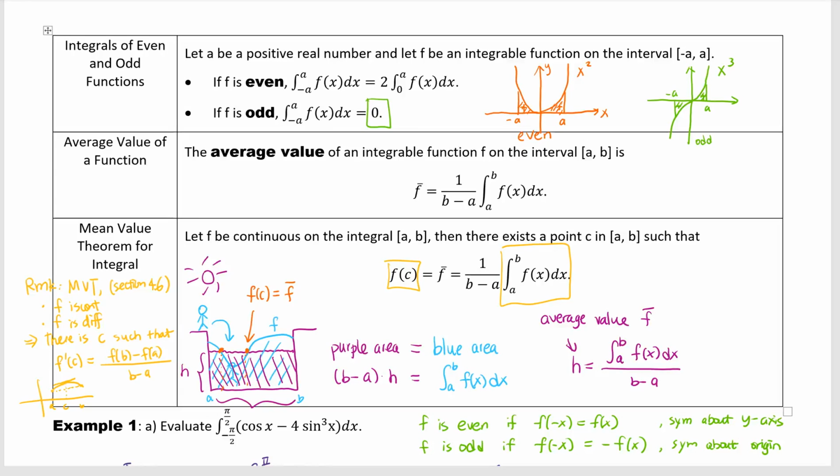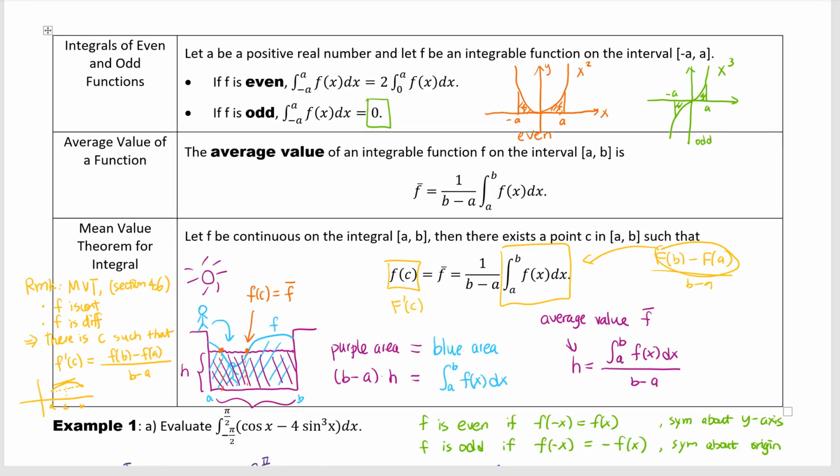Let's say we apply the mean value theorem to the antiderivative, capital F. Then capital F of b minus capital F of a over b minus a is exactly this definite integral divided by b minus a. And here we get f prime of c, and the derivative of capital F is small f because capital F is the antiderivative of small f.